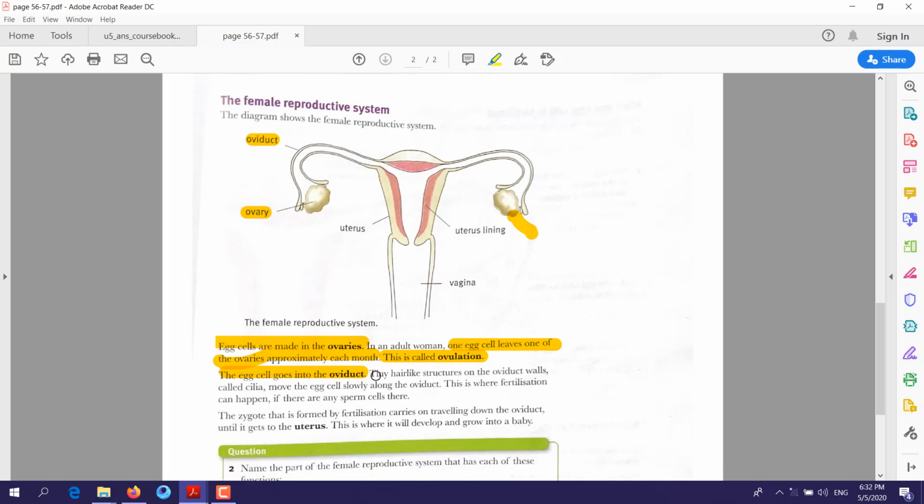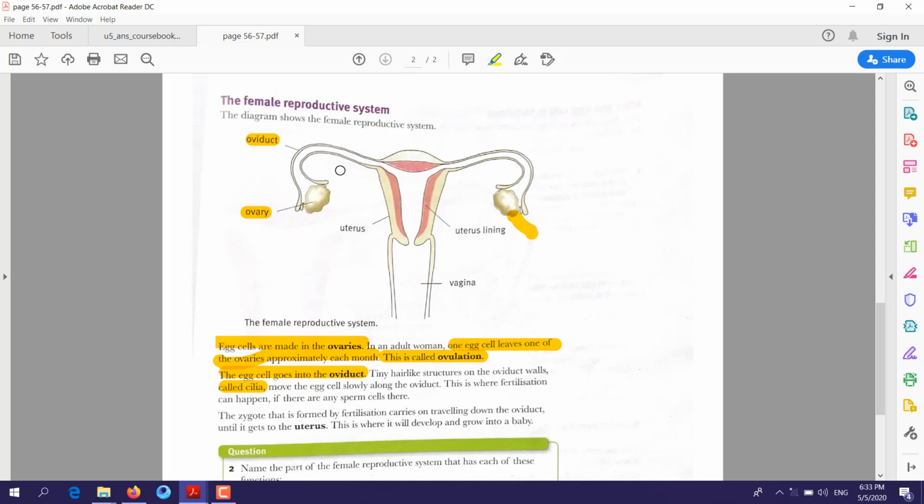Now, there are tiny hair-like structures on the oviduct walls, called cilia. If you remember in the previous lesson, when we talked about the egg, we said the egg cannot move by itself. But here we are saying the egg travels from the ovary to the oviduct and then to the uterus. How?